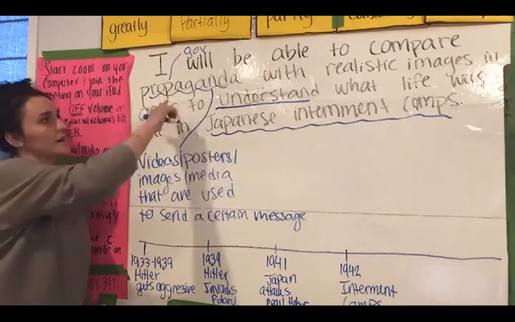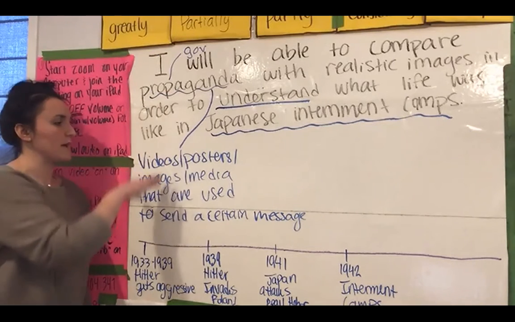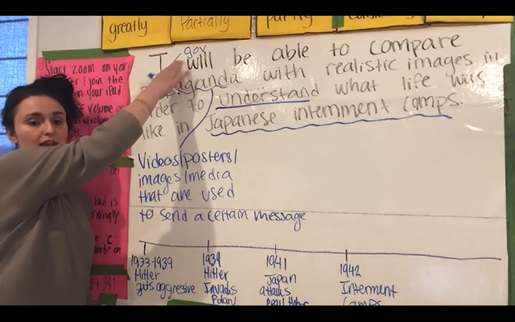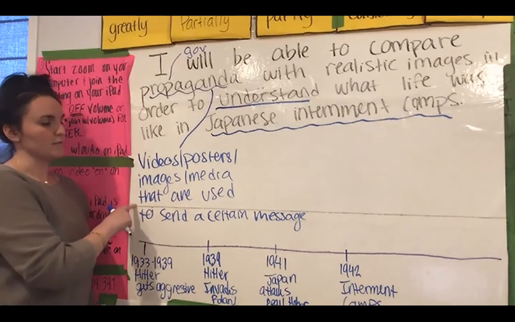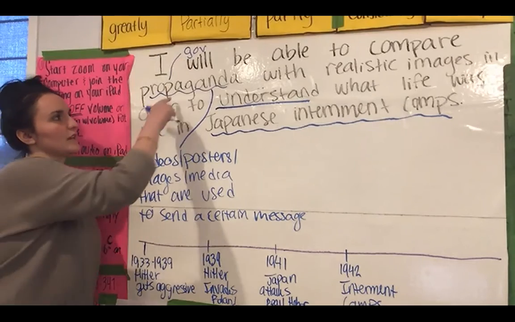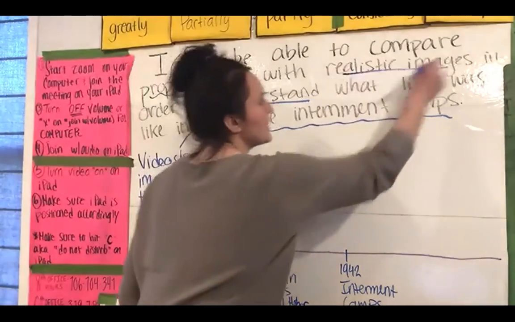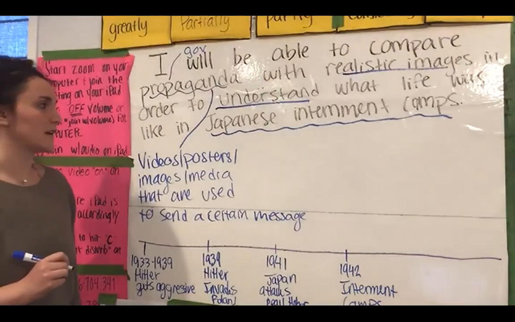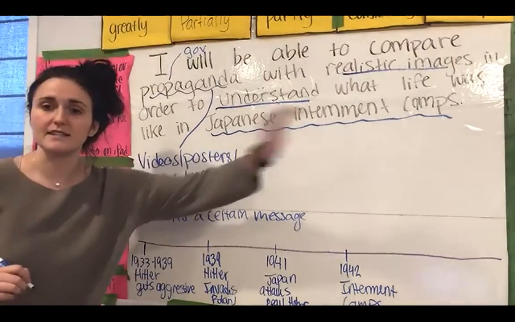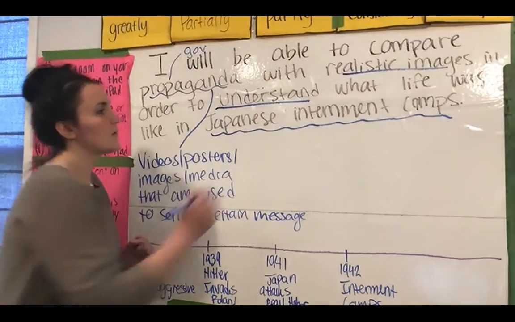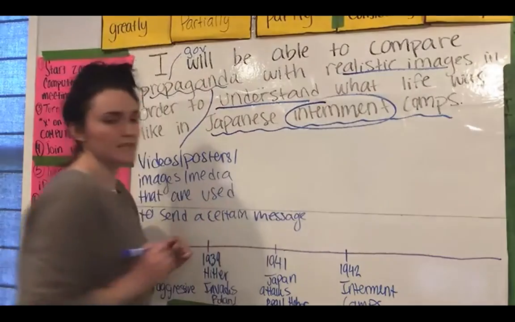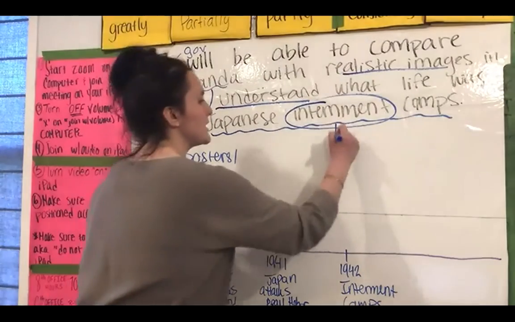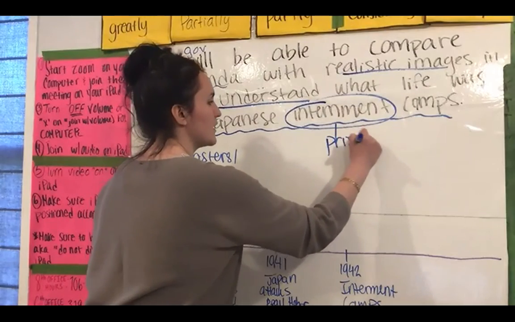Today, we're going to be able to compare propaganda, so images printed or created by the government to spread a particular message. We're going to compare propaganda with real images in order to understand what life was like in Japanese internment camps. We were introduced to the internment camps yesterday. Internment simply means prison.